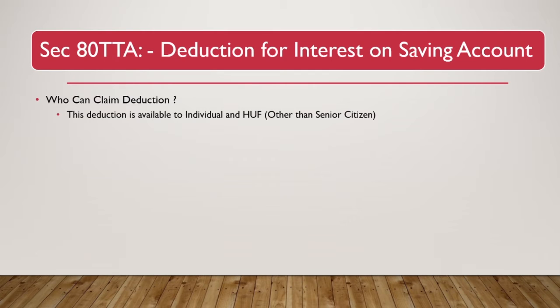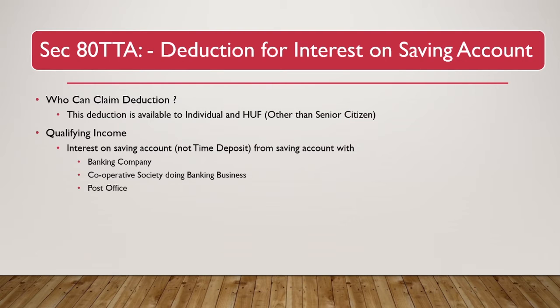Make a note that SSC shall receive interest only from a savings bank account. Interest received from term deposit or fixed deposit shall not be allowed. And SSC shall hold the savings bank account in a banking company, a corporate society doing banking business, or a post office.